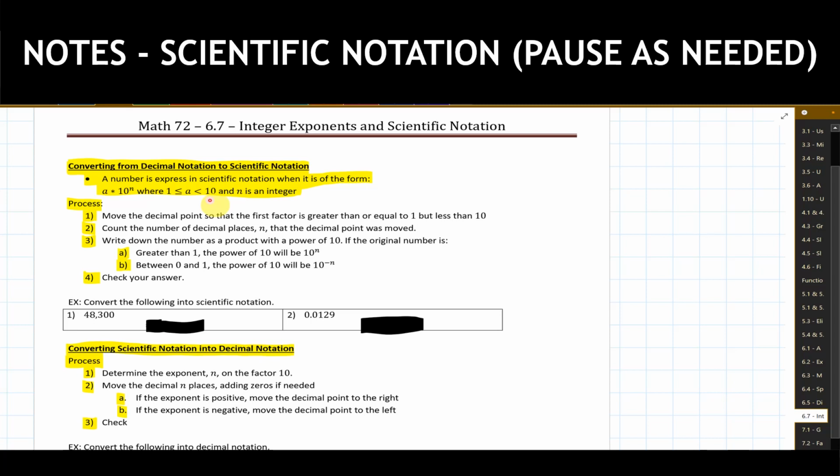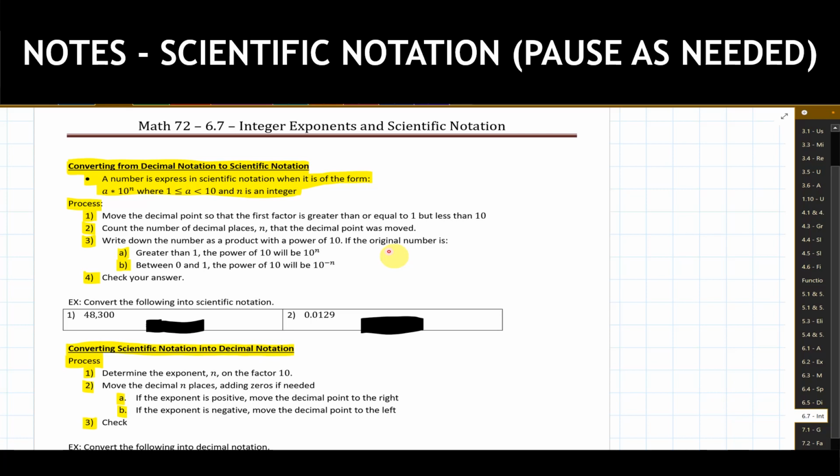While we're moving that decimal place over, in step 1, we want to be counting the number of decimal places, n, that the decimal point was moved. So we're counting over 5, or we're counting over 7, or we're counting over 13, whatever it may be. It will vary based on the original number that we've been given, if it's a big number or if it's a small number. Now this is the part that generally gets a little bit confusing for people, trying to make sure whether we're going to have a positive or a negative integer for our exponent.